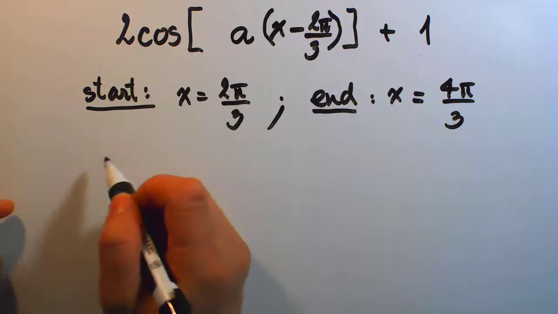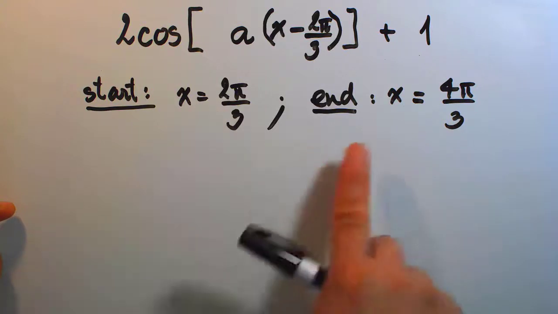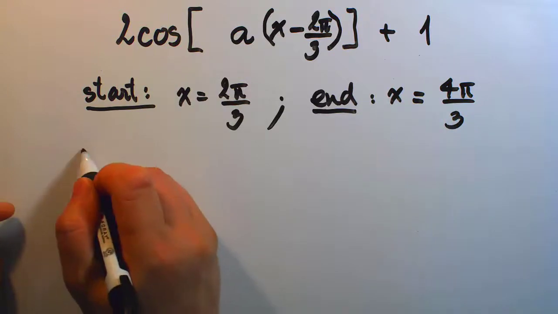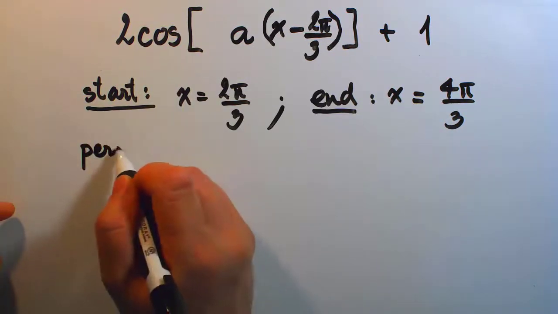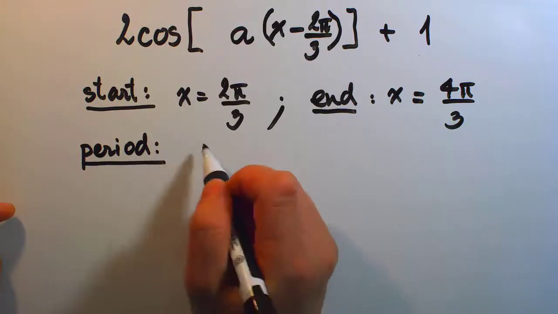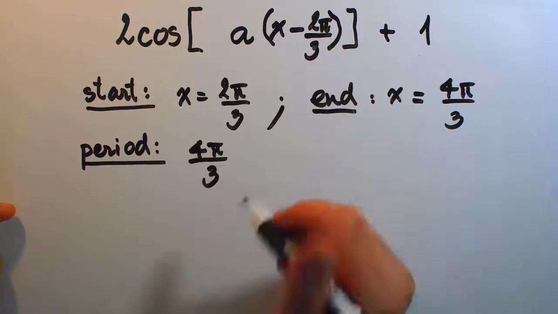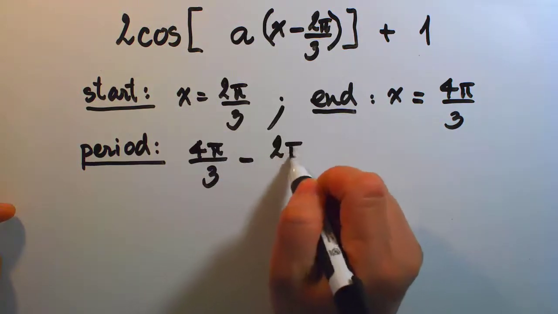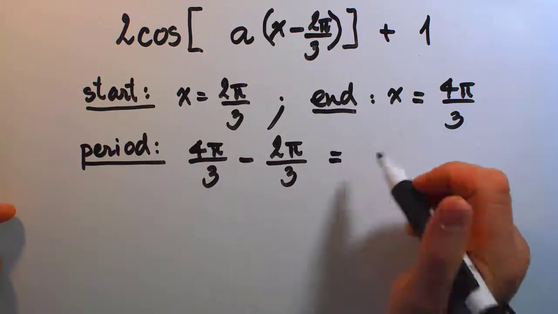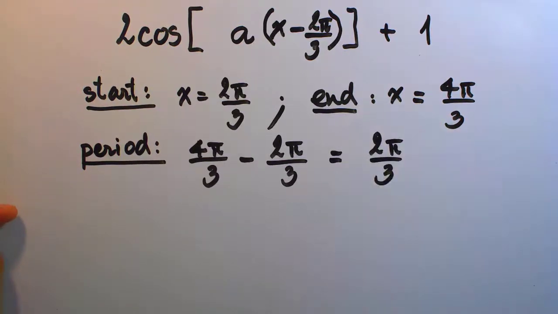First of all, with the start decided at 2 pi over 3 and the end of our base unit decided at x equals 4 pi over 3, our base unit is going to take the total period, rule of thumb, we take 4 pi over 3, the end of the base unit, subtract 2 pi over 3, the beginning of the base unit. Doing the subtraction, we end up with a total period of 2 pi over 3.